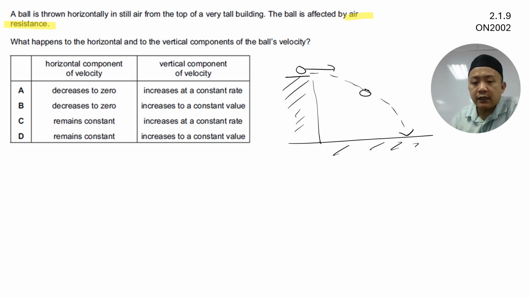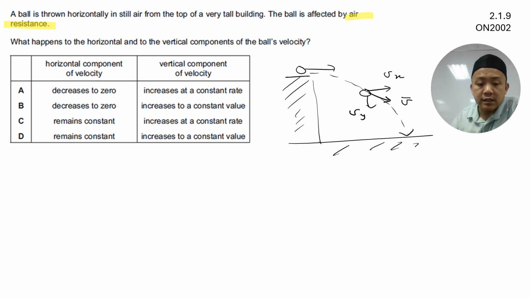The velocity or the vector can be represented in two components. One is the horizontal component, and the other is the vertical component. We represent them as Vx and Vy respectively, where the overall vector V is the resultant, which you can solve using Pythagoras.